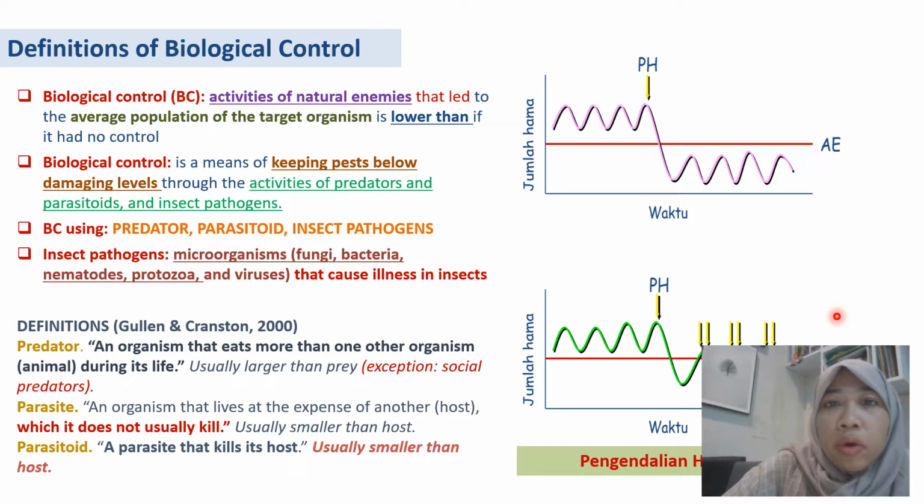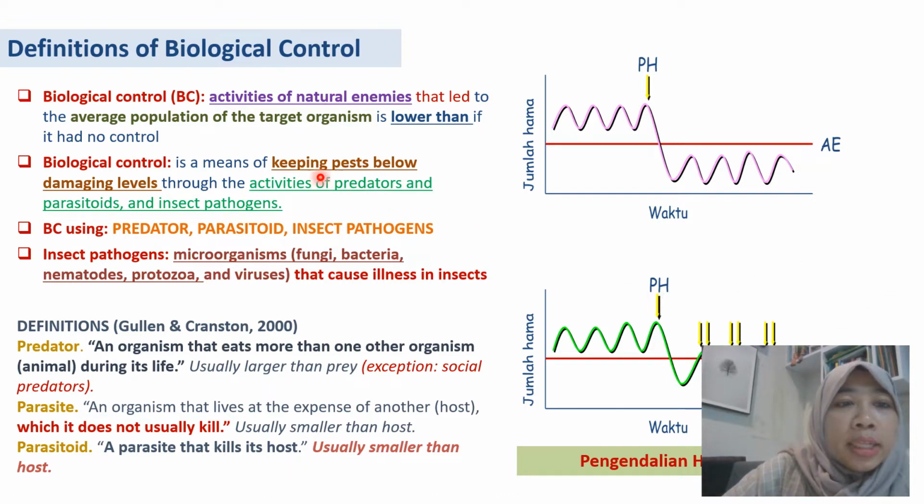Because if we destroy all of the pests, the impact is an imbalanced ecosystem. So what we need is only keeping the pests below the damaging level, keeping the pest which is still safe. So our crop is still fine because of that pest.